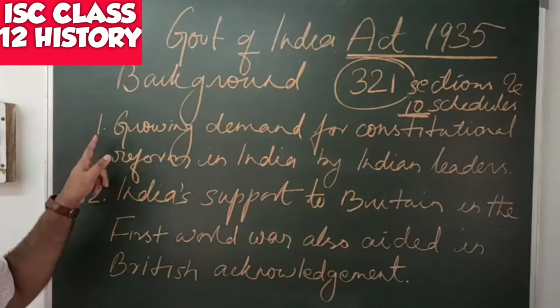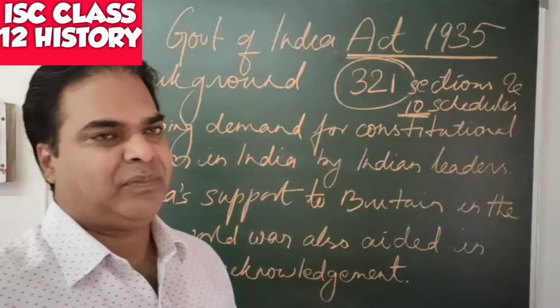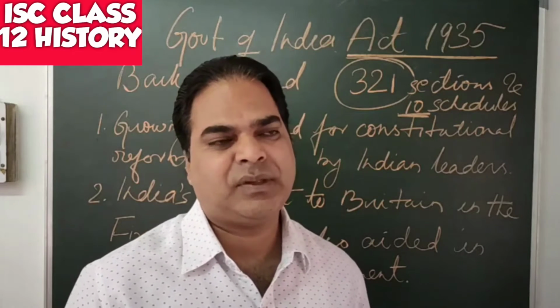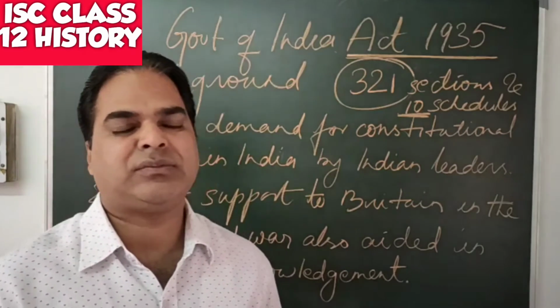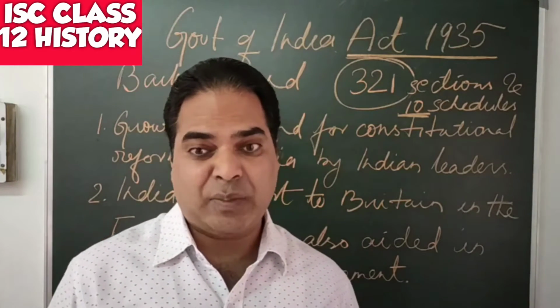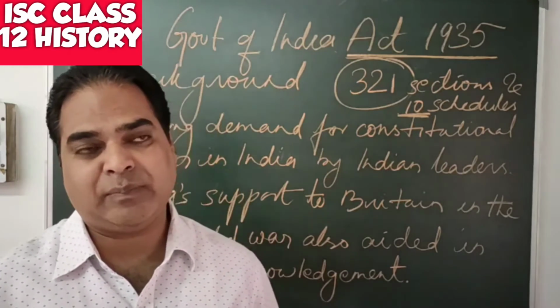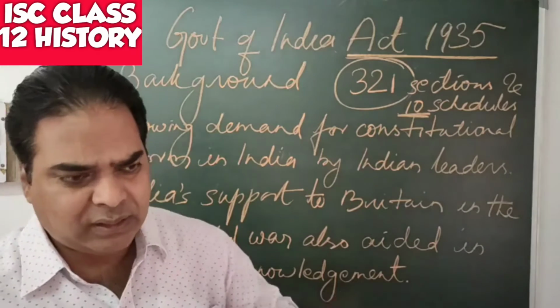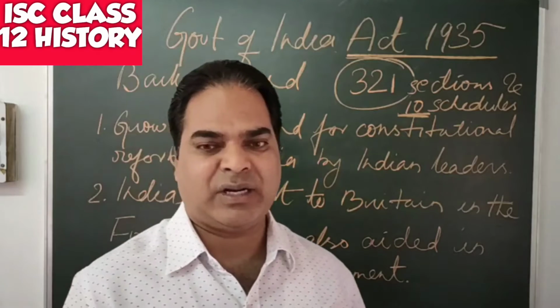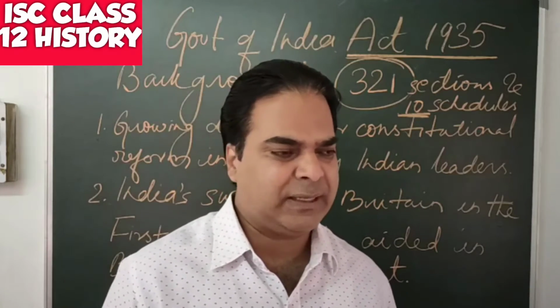First, there was a growing demand in India. That was a phase of national movement. The non-cooperation movement had already taken place, then the civil disobedience movement also took place, and during the phase of the civil disobedience movement, the second round table conference was attended by Gandhiji.